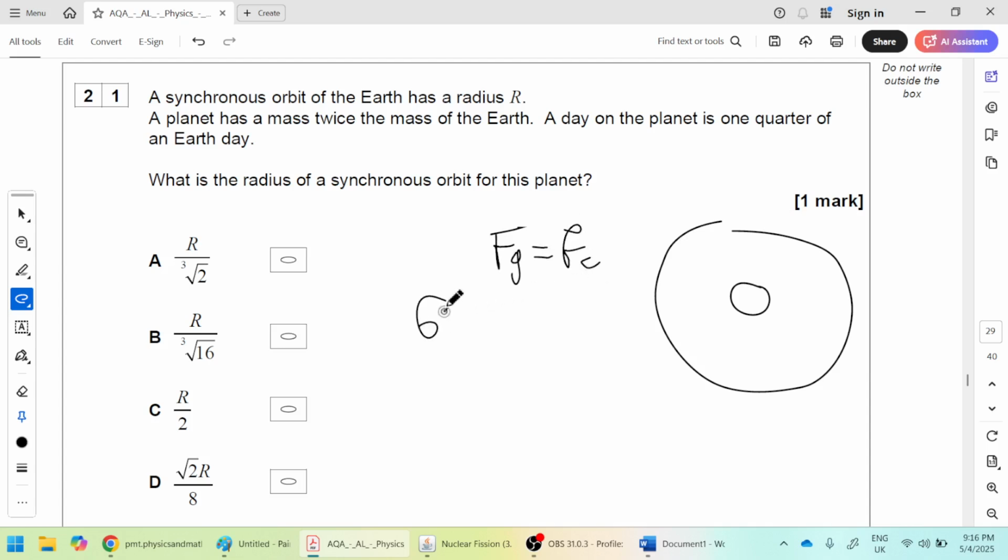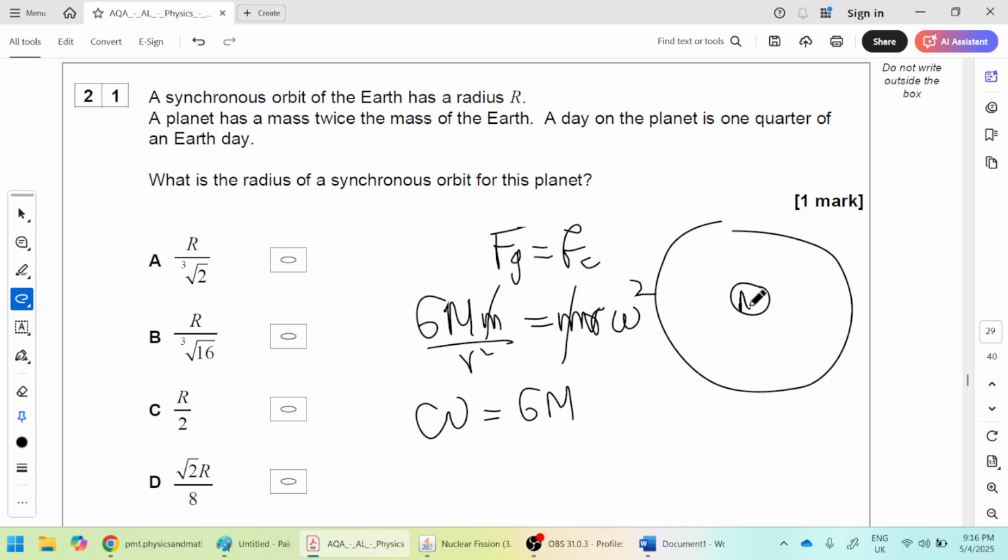That means GMm over r squared is equal to mv. No, I don't want v. Because I'm dealing with capital T, I'm going to go for m r omega squared. Simple m gets cancelled. Omega is equal to the square root of G capital M, outside is simple m, over r cubed.